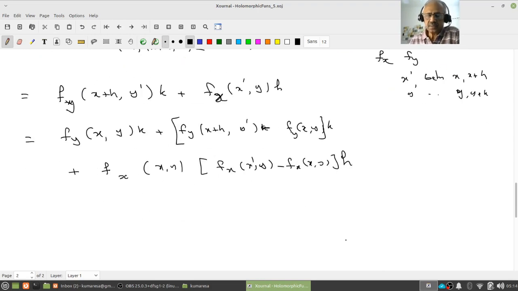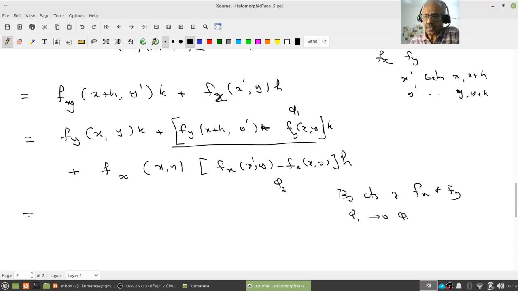This is exactly my phi 1, and this is my phi 2. And by continuity of fx and fy, what do I know? Phi 1 goes to 0 and phi 2 goes to 0 as h, k go to 0. So pause, review, proceed.